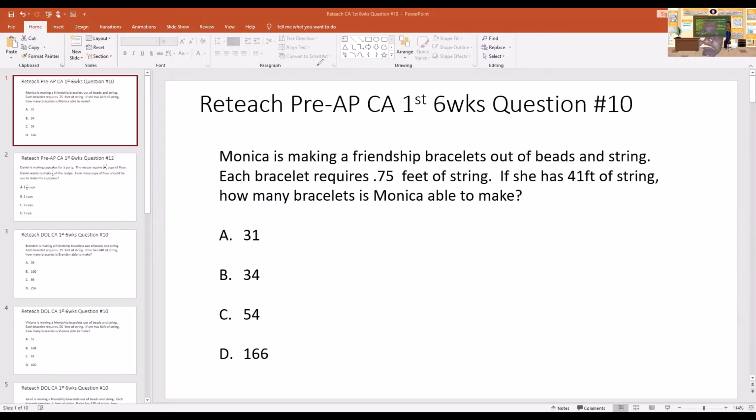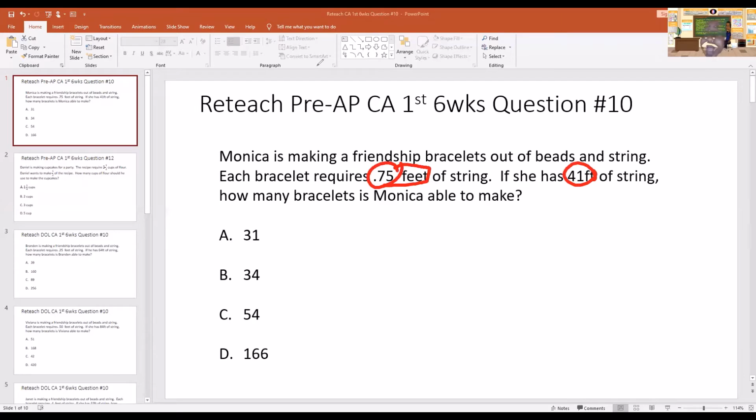I will first want to use my cube strategy and annotate. I will circle important numbers like 7/500 of a foot and 41 feet.